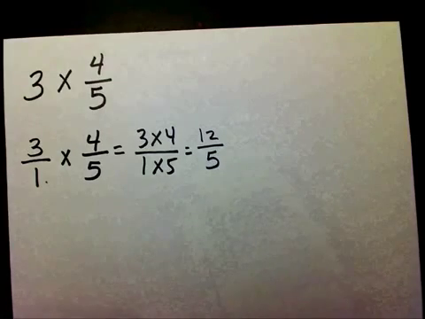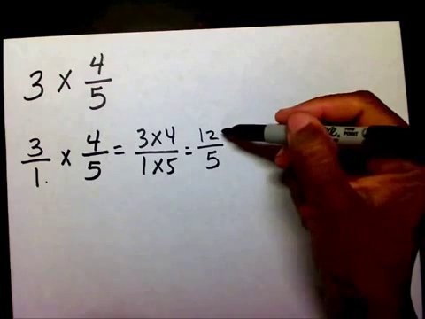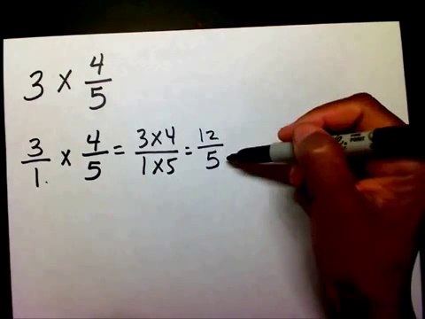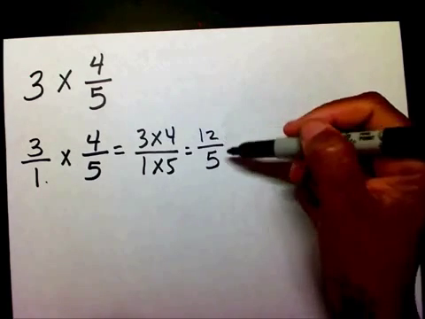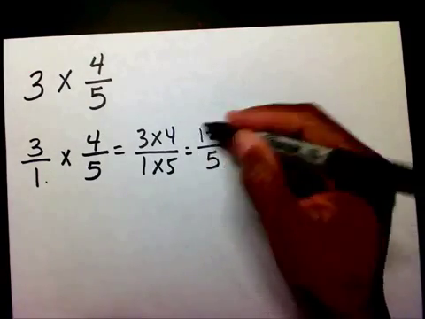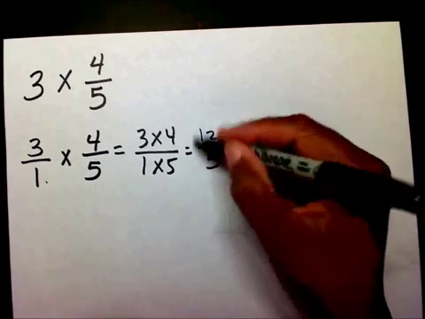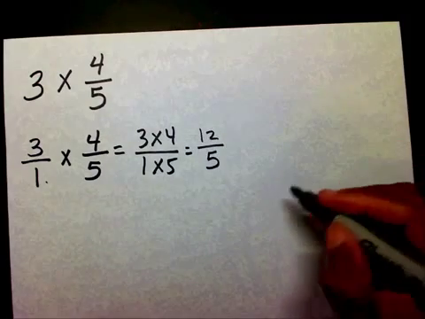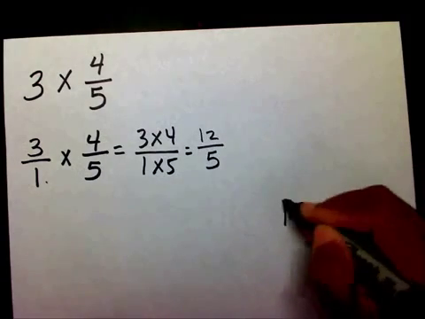As you can see, your numerator was larger than your denominator, so this creates an improper fraction, and we need to change this improper fraction into a mixed number. So I'm going to divide 12 divided by 5.